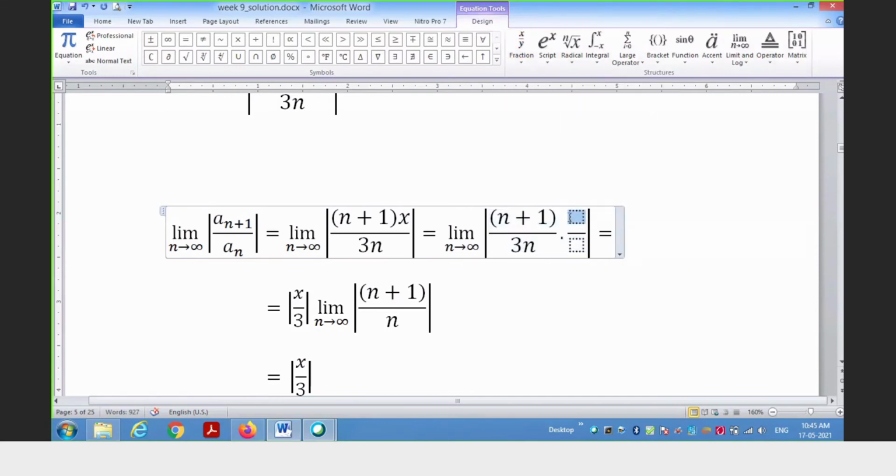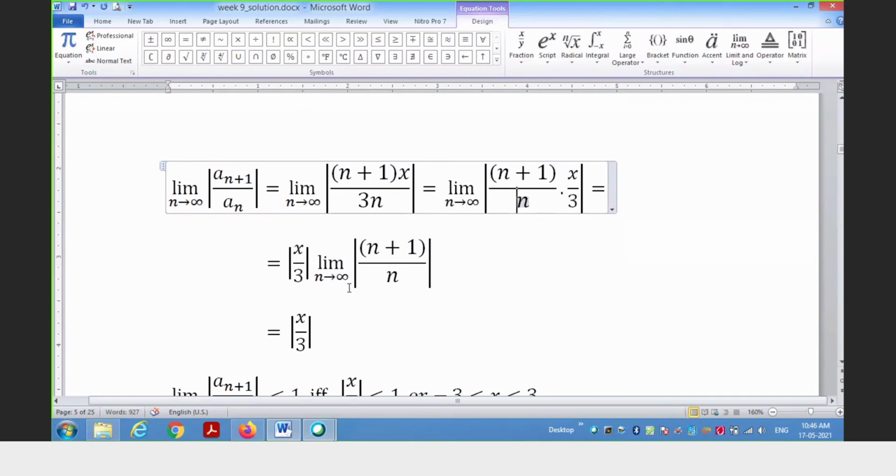Okay, x over 3. Take these 3 out, the same as this. Then you can take the x over 3 absolute value out. So x over 3. Okay, you have the limit as n goes to infinity. The remaining term is the absolute value of n plus 1 over n.